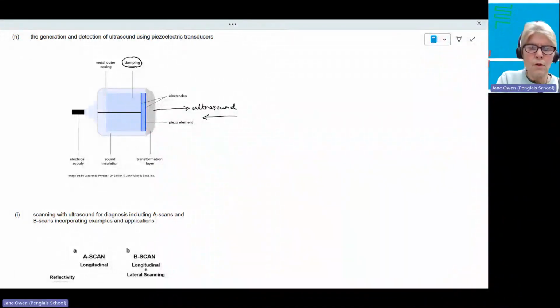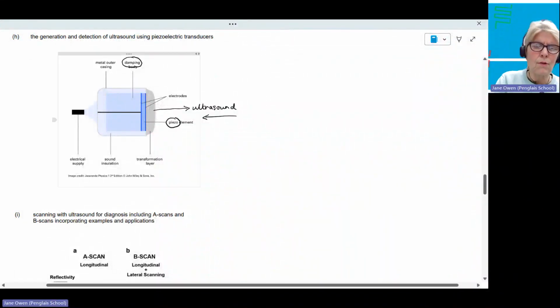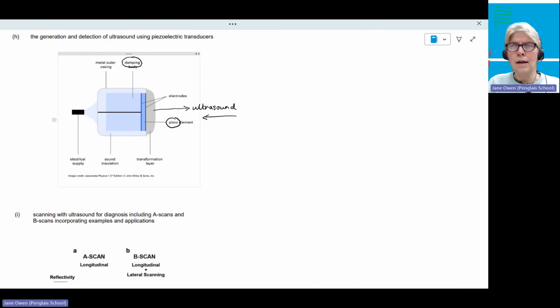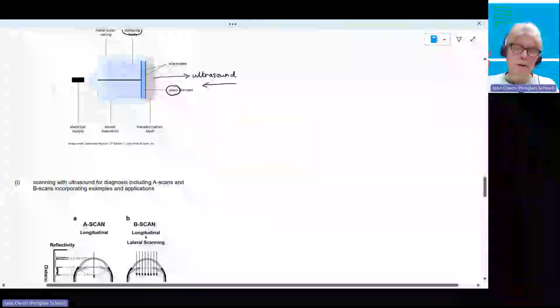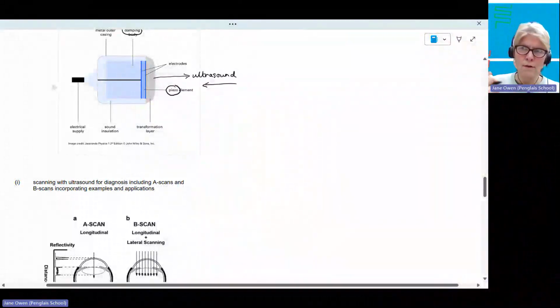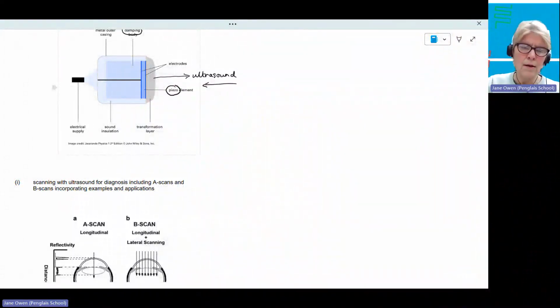And it's all to do with this piezoelectric crystal here that can generate a current when it's squeezed, and alternatively, when you apply a current to it, it can change shape.